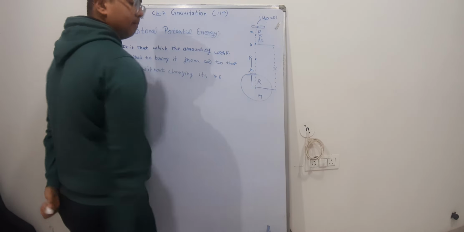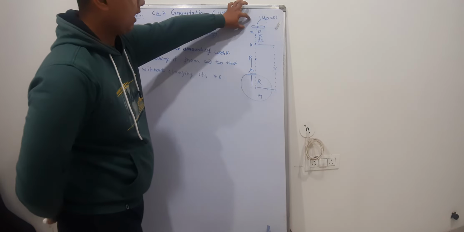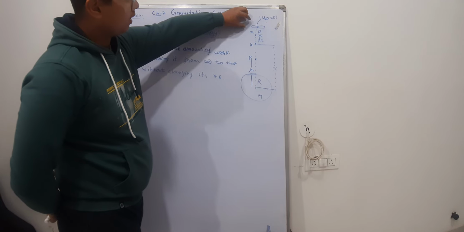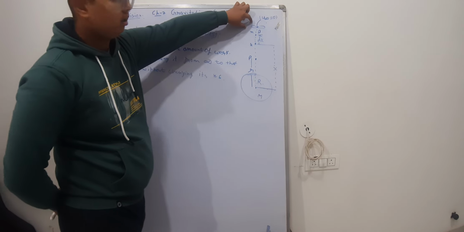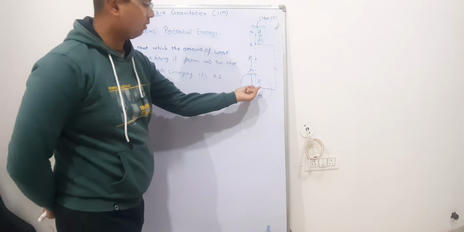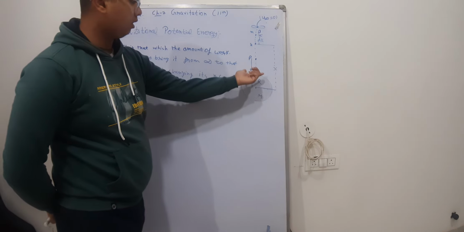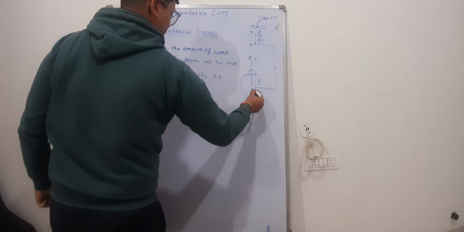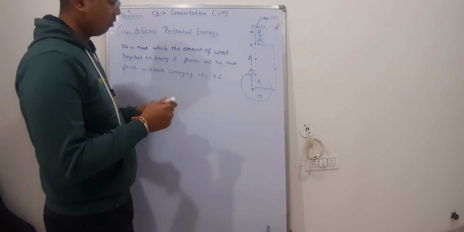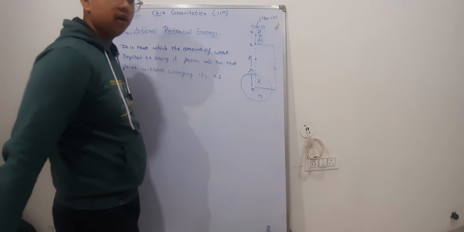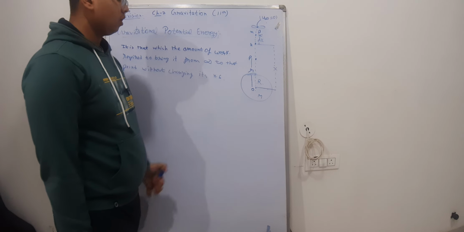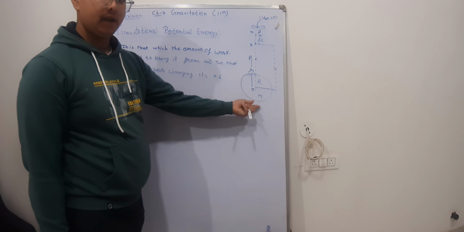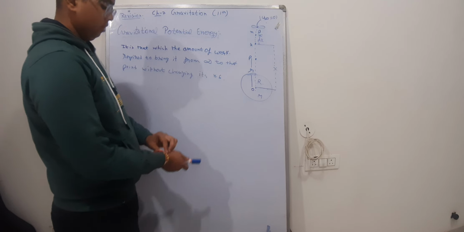Suppose a body is placed at infinity initially, and we need to bring it to the earth at a point r0. Let the earth be a uniform sphere of mass capital M and radius r.